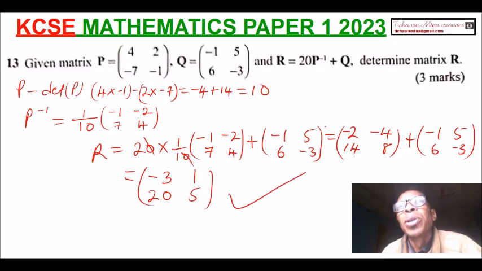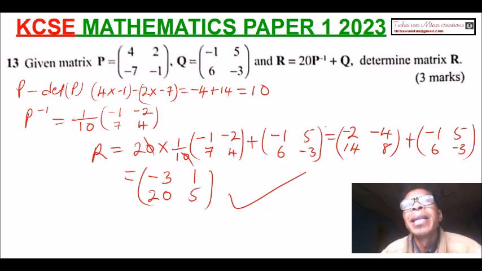So what you are being tested here is whether you know how to find the inverse of a matrix. We get the inverse of a matrix by getting the determinant of that matrix, where you multiply the elements of the main diagonal and subtract the product of the other diagonal, what we have done here.